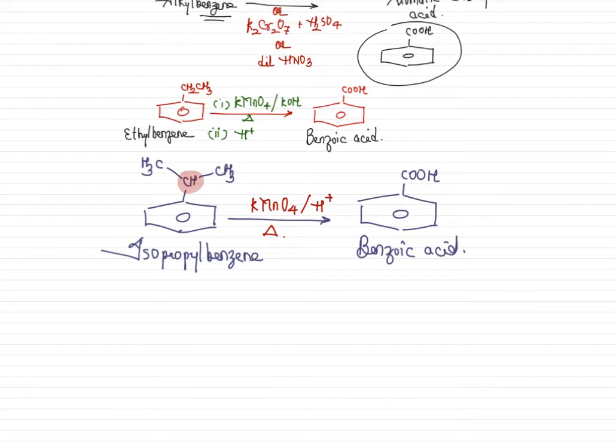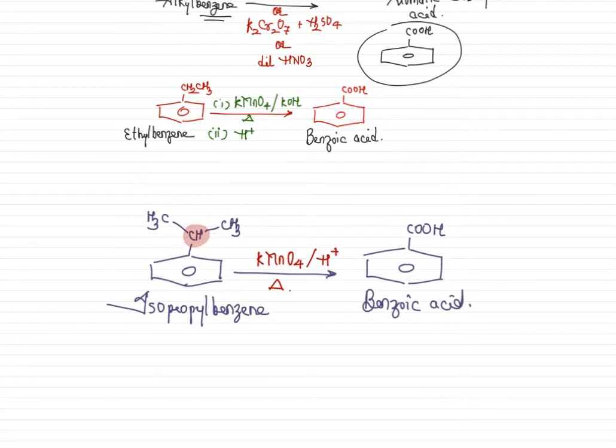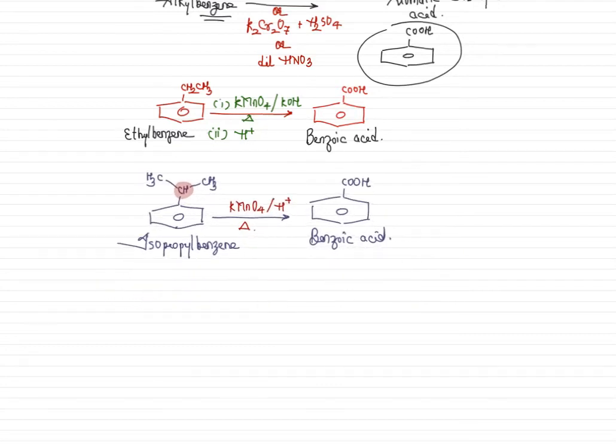However, suppose you don't have a benzylic hydrogen here, we take up a tertiary alkyl group here. So if you take a tertiary alkyl group, with no benzylic hydrogen here.